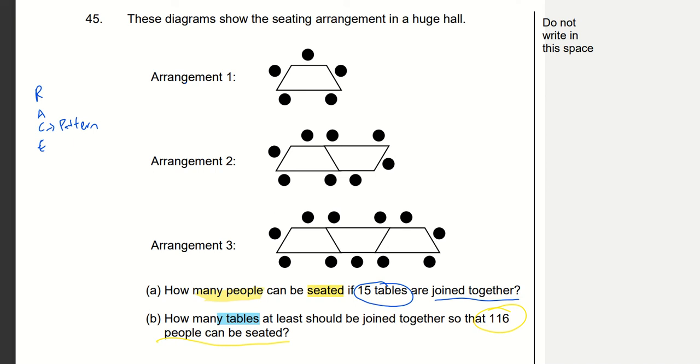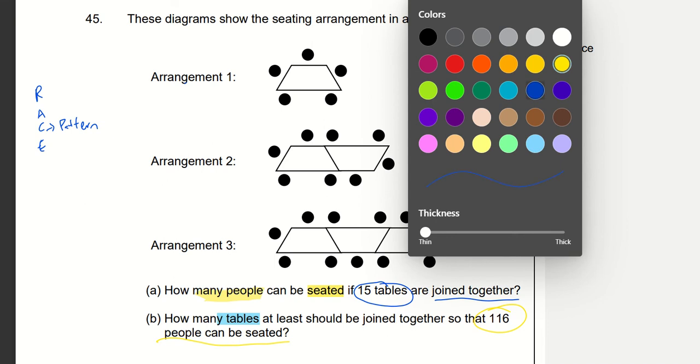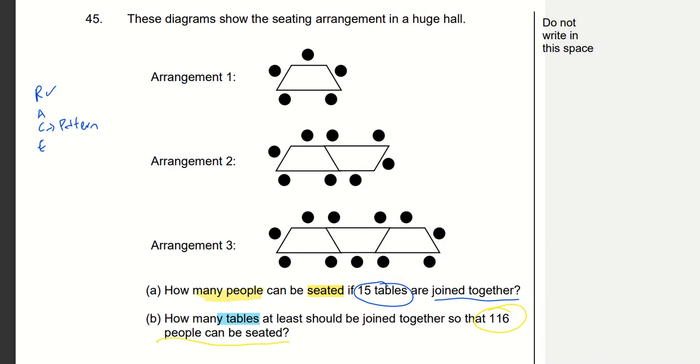Let's go now with the first step: I need to understand the pattern. A few ways to solve this. When you say recognize the pattern, one of the easiest ways is to recognize the pattern and continue to draw the pattern out and then count as I draw it out, or I recognize a number pattern and I list according to the pattern.